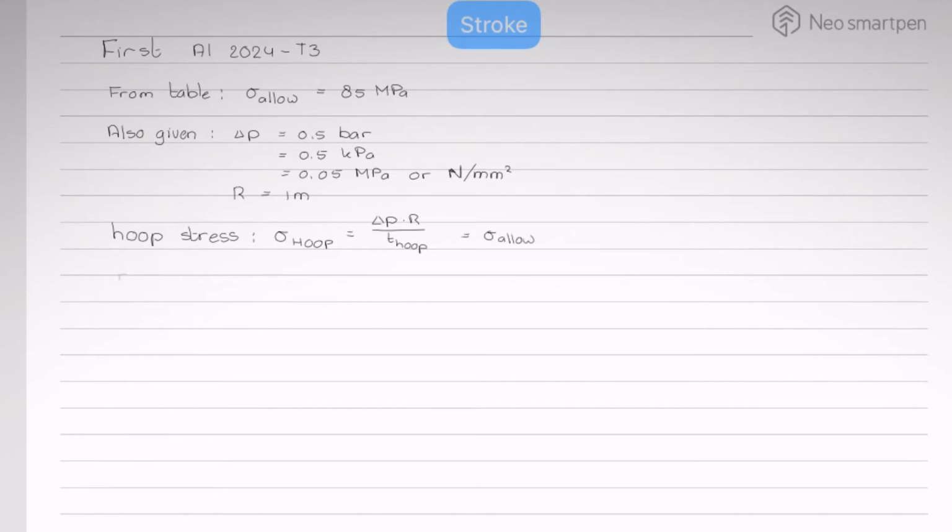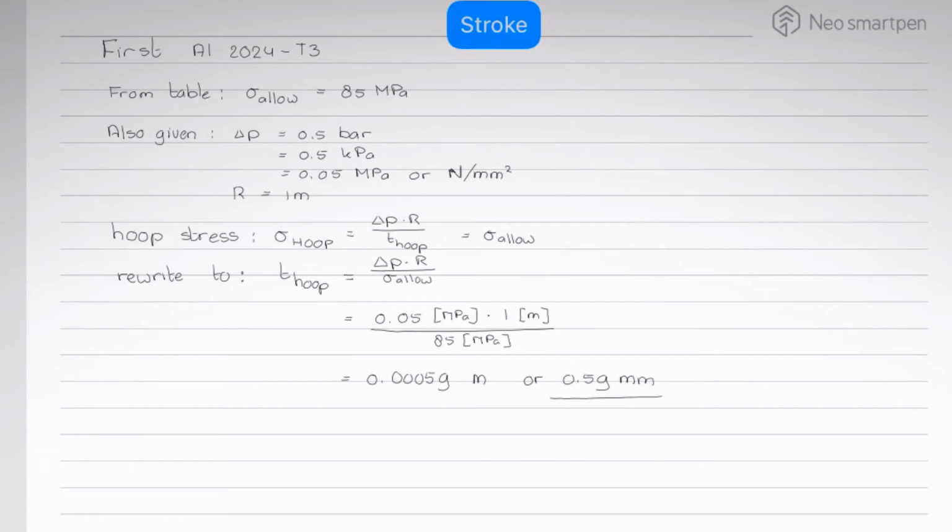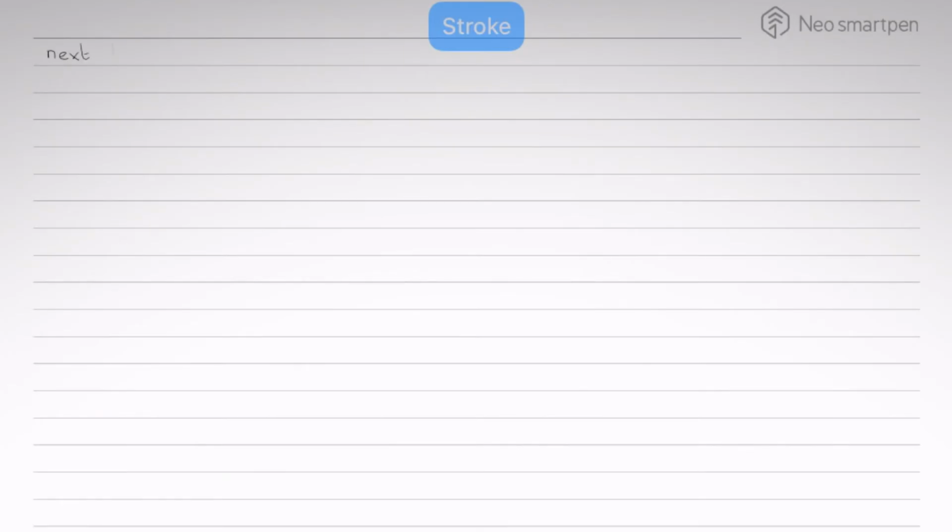If we rewrite this, we get that T hoop is equal to delta P times R over sigma allowable, and if we substitute the numbers, you get 0.05 times 1 over 85, which gives 0.0059 meters or 0.59 millimeters. Next, the longitudinal stress. The formula for longitudinal stress is delta P times R over 2 times the thickness in longitudinal direction.